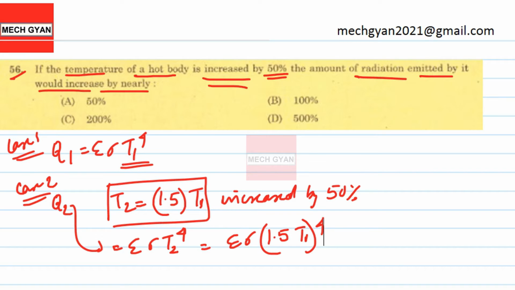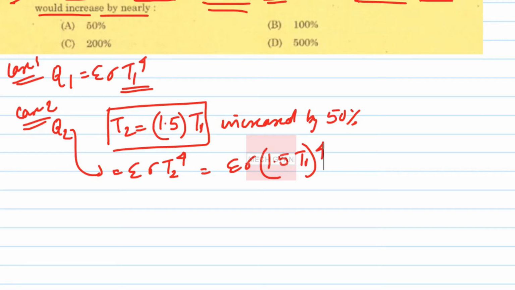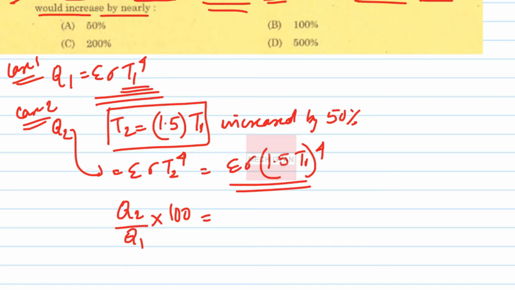The amount of radiation emitted in percentage they have asked. So Q2 by Q1 in percentage equal to, Q2 is epsilon sigma 1.5 T1 to the power 4, Q1 is epsilon sigma T1 to the power 4. Q2 by Q1 is equal to 1.5 to the power 4 into T1 to the power 4 by T1 to the power 4.